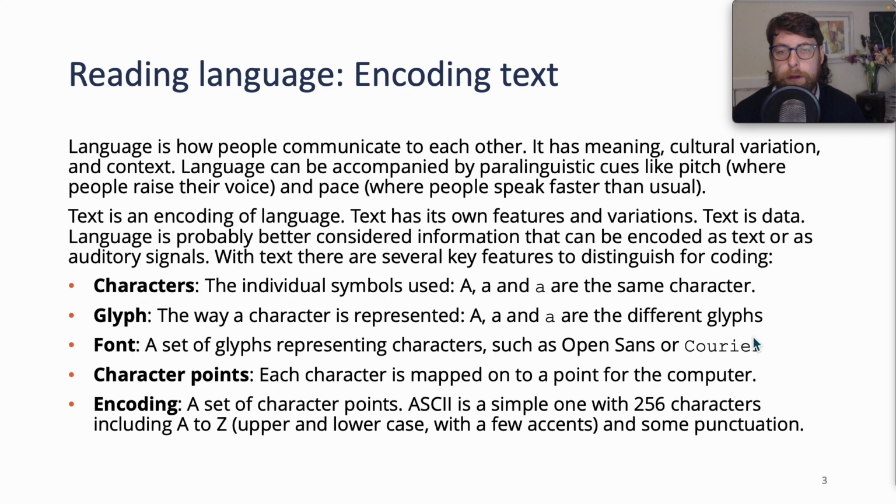So an encoding is a way in which we describe those character points, and different programs, or different coding languages, will be able to use encodings to a greater or lesser extent.